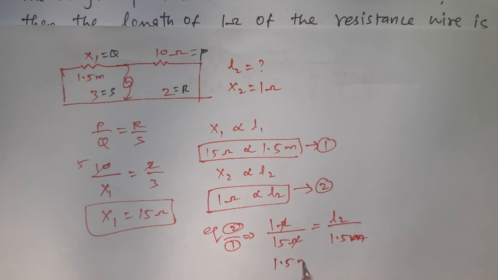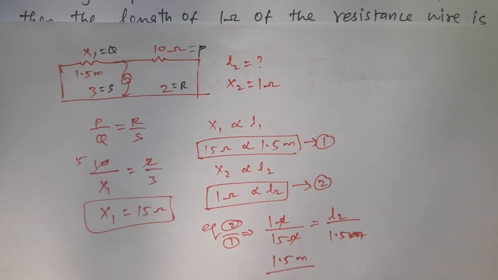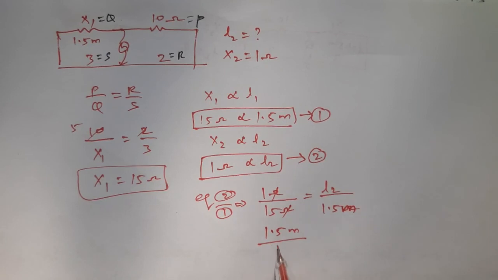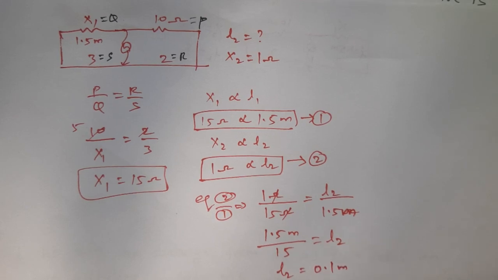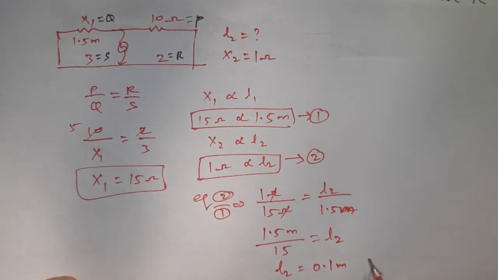So 1.5 meter by 15 is equal to L2. If you simplify, L2 is equal to 0.1 meter. In the options they mentioned it as 10 power minus 1 meter. This is the answer for question 120.